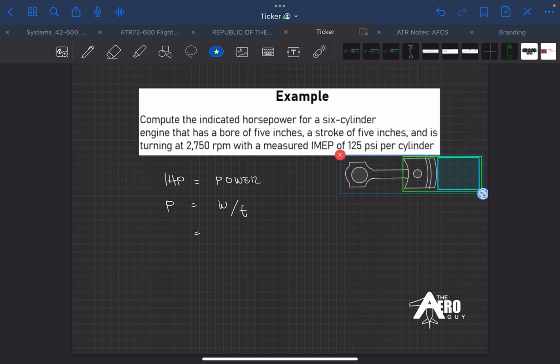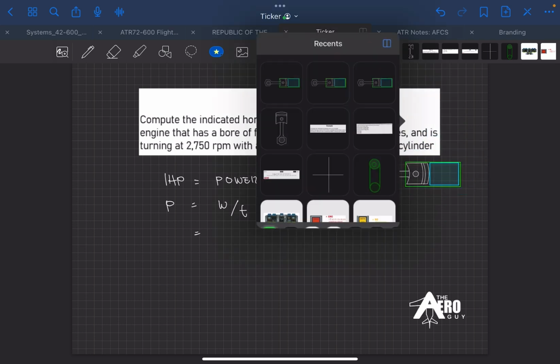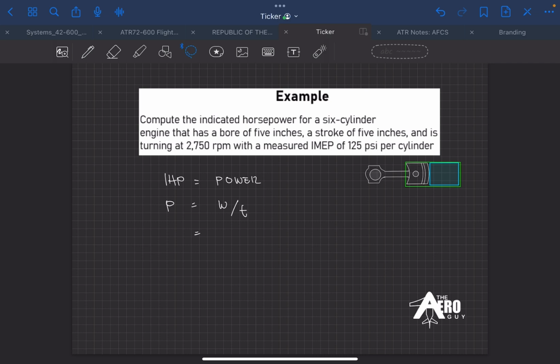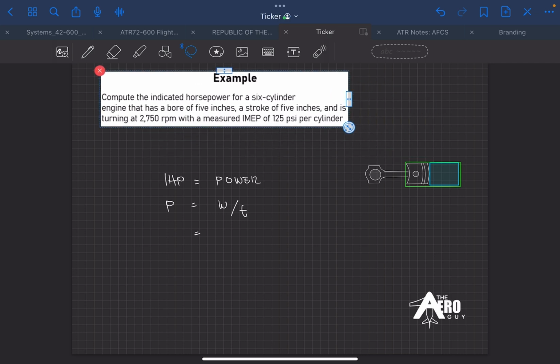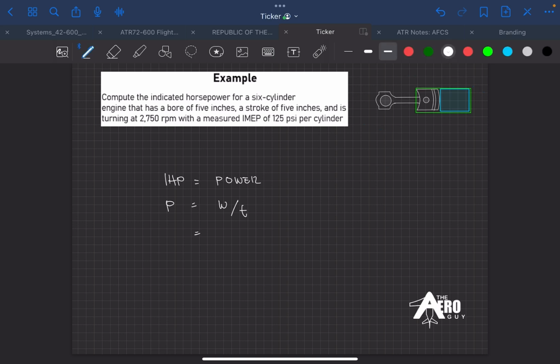Okay, so in that case, this is just pressure in the cylinder times the volume in the cylinder divided by time. Now, what is this volume here?